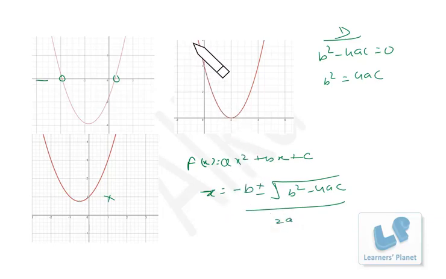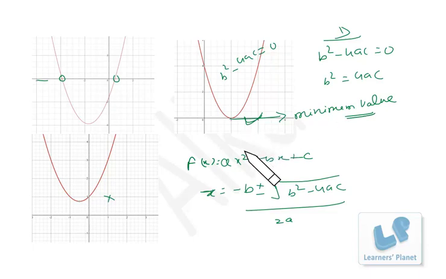In that case, the parabola will just touch the x-axis, right? So this is the case when b square minus 4ac is equal to 0. The parabola will just touch the x-axis, okay? In this case, for a quadratic expression, since it is opening upwards, you can get the minimum value of this expression.